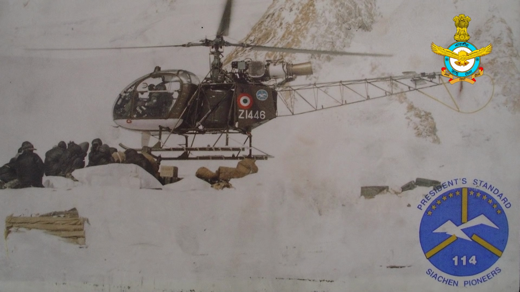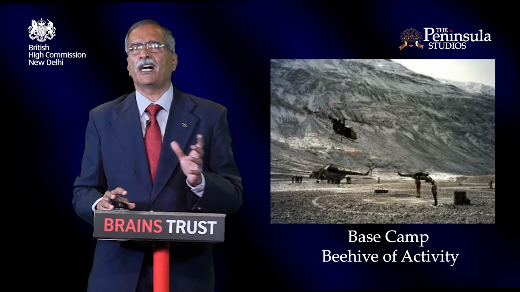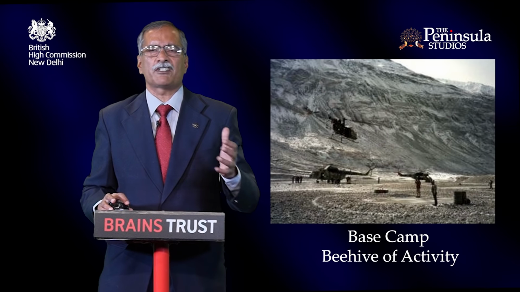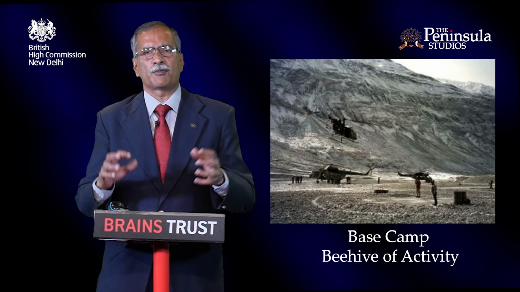Now, of course, we have the Cheetal, which is the Cheetah re-engined with the Dhruv's more powerful engine. They drop from the base camp to posts exactly over the border. The base camp is a beehive of activity. Mi-17s taking off, Cheetahs arriving and taking off, loads being positioned.